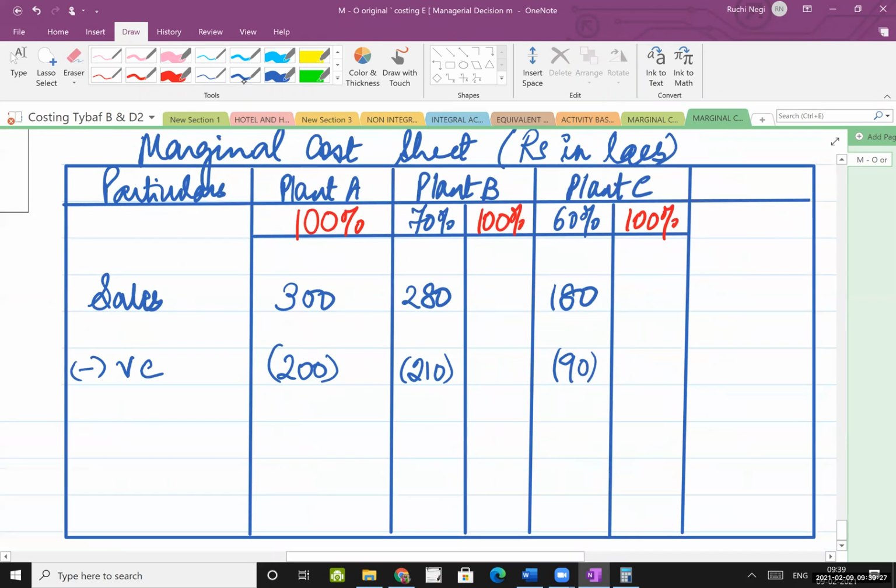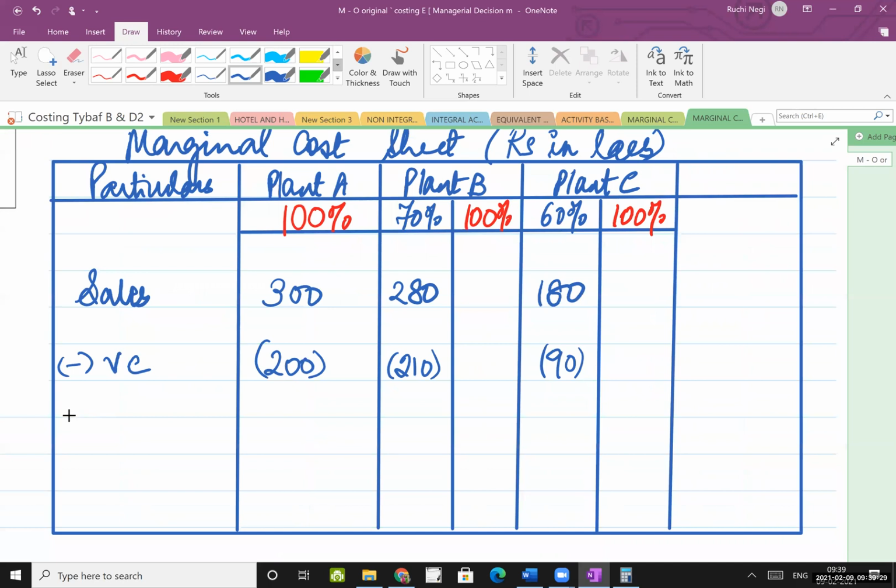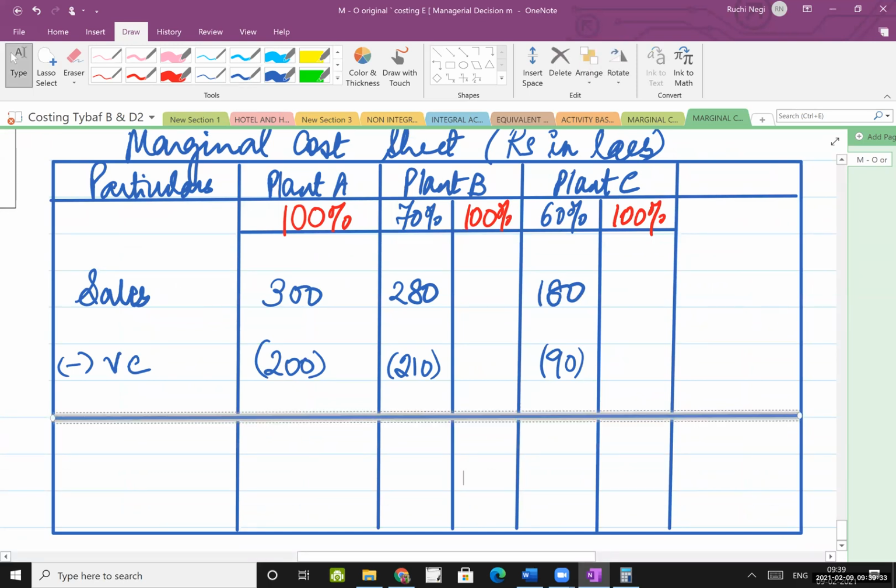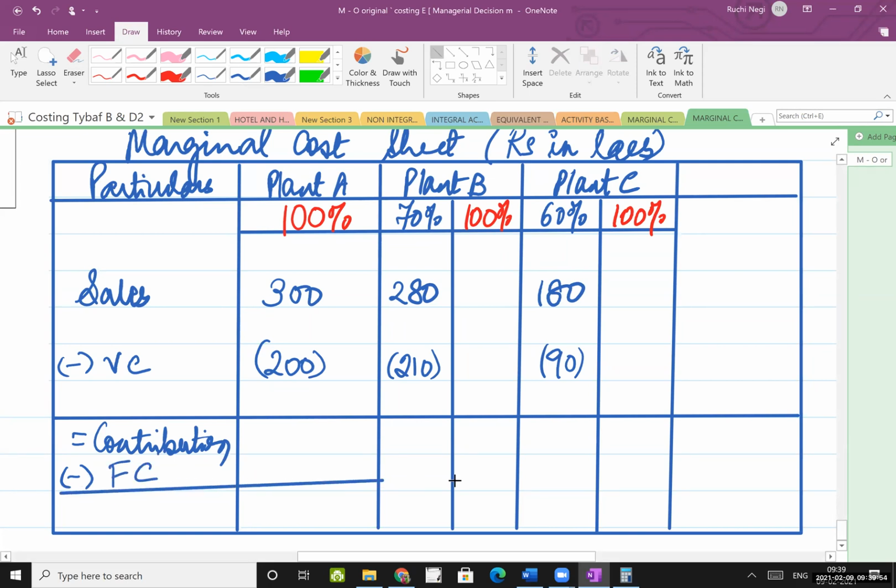Next, equal to contribution, less fixed cost, equal to profit.